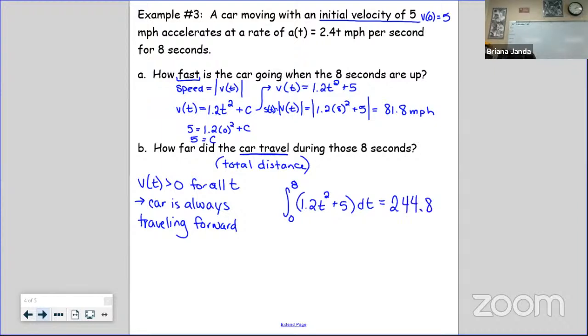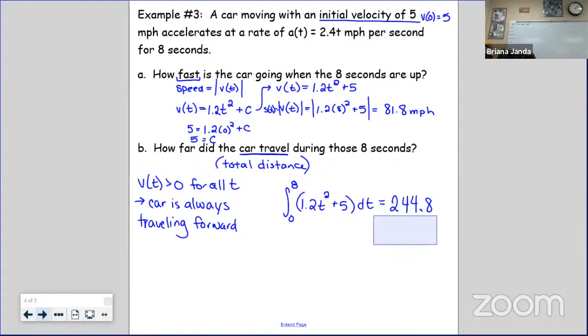244.8. And at first it seems like great, move on, but then slow down a second. They just said, how far did the car travel during those 8 seconds? And my answer is 244.8. And that seems like a lot to travel in 8 seconds. So then think about what our label is on this.